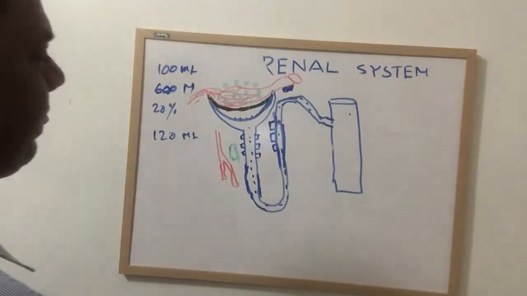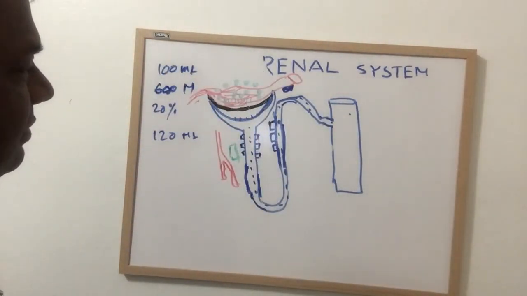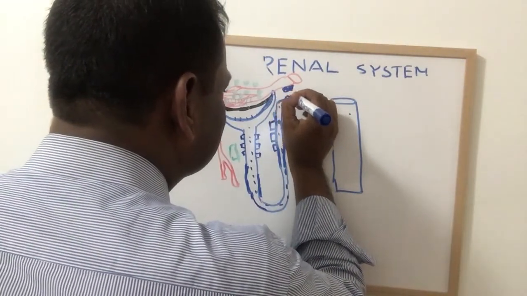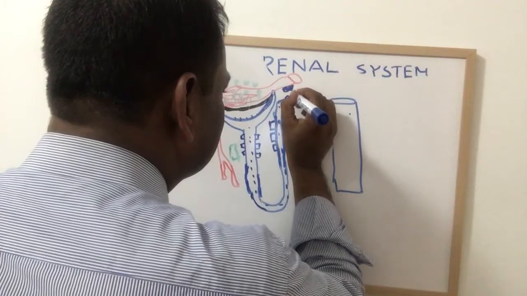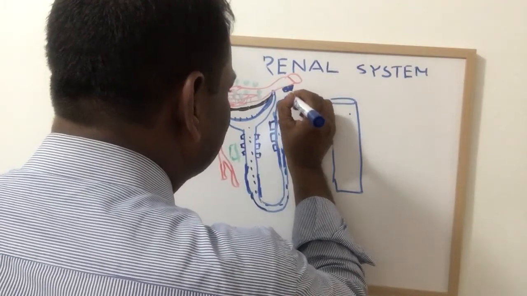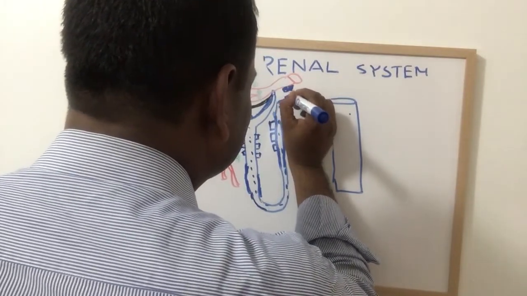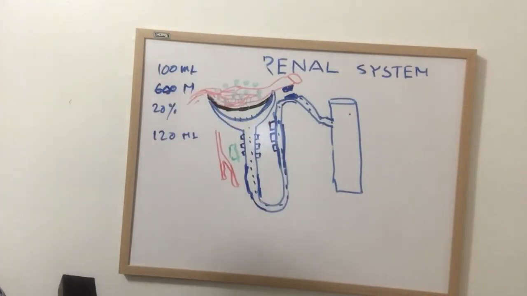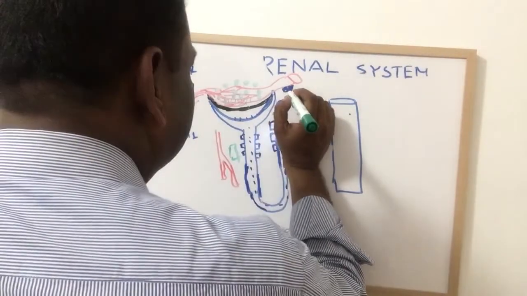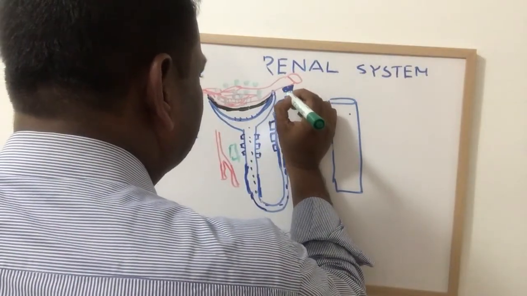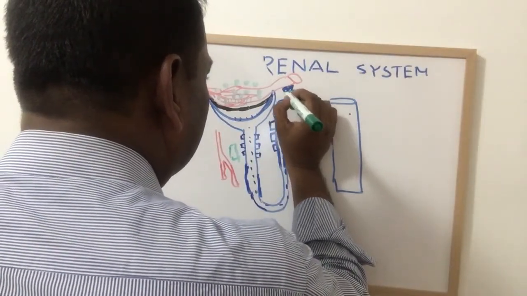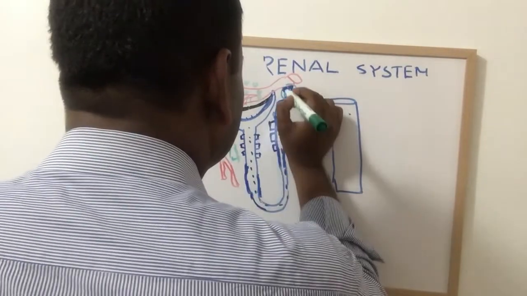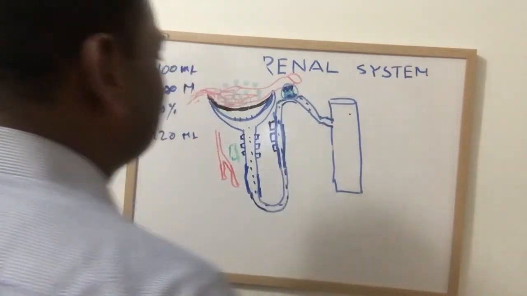They are basically baroreceptors. There is some other cell here. This cell, very dense, is called macula densa, and they are connected by some connective tissue. The whole thing is called the juxtaglomerular apparatus.